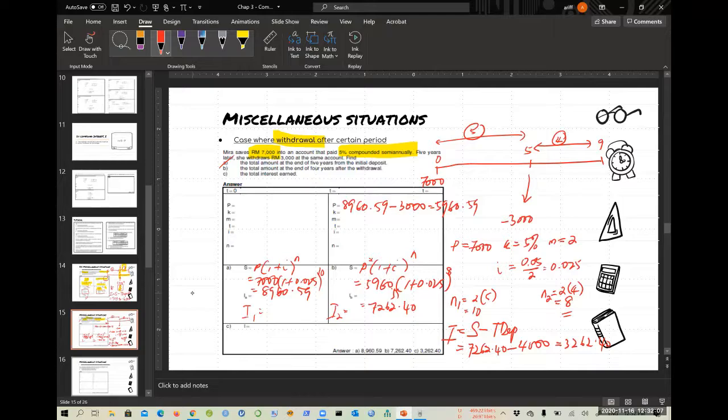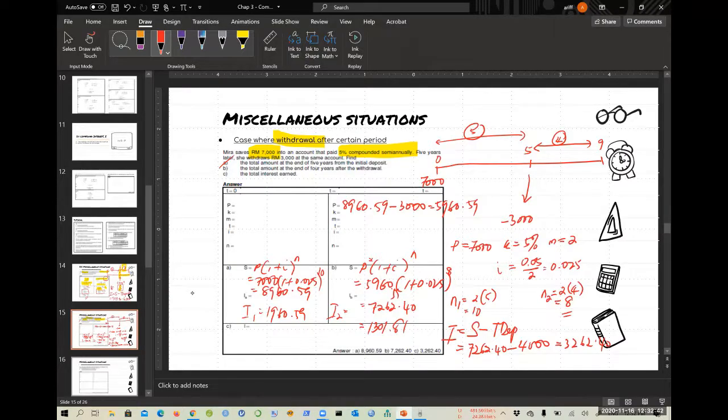Let me just do that. Okay, very quick. So I1 will be 8960.59 minus 7,000, you get 1960.59. And then for this one, 7262.4 minus 5960.59. So you get 1301.81.